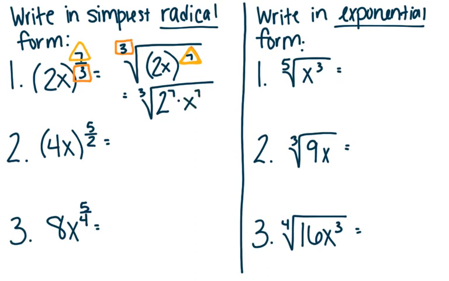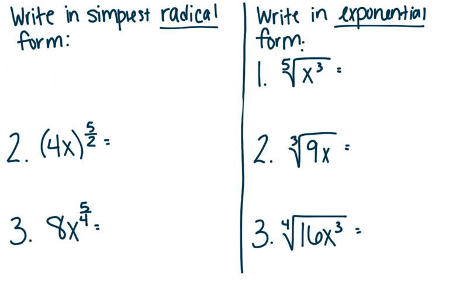Because remember, we're taking this exponent and we're distributing it to everything in that parentheses. So we are getting this radical in simplest form, which means that we have to figure out what 2 to the 7th power is. It's 128 x to the 7th power. So that's how you would write that in simplest radical form.